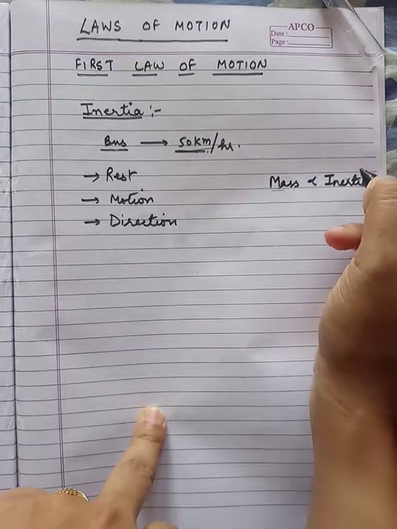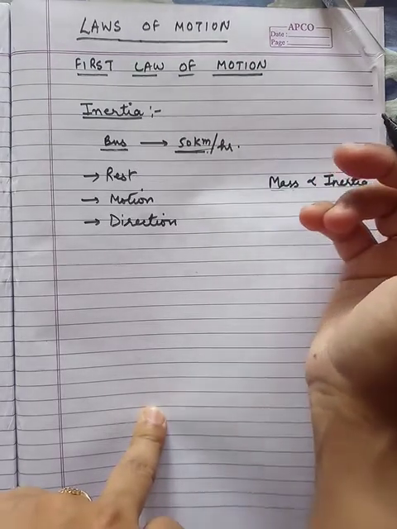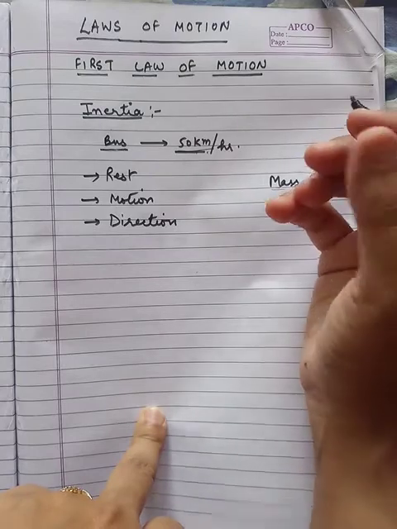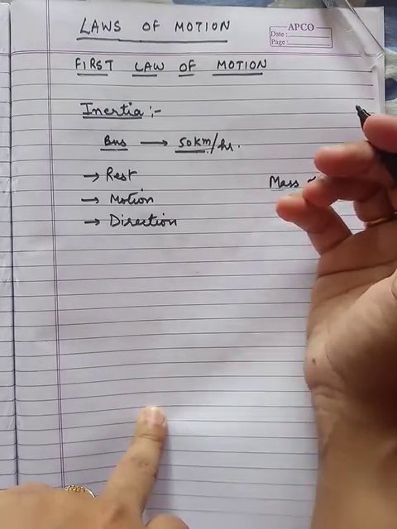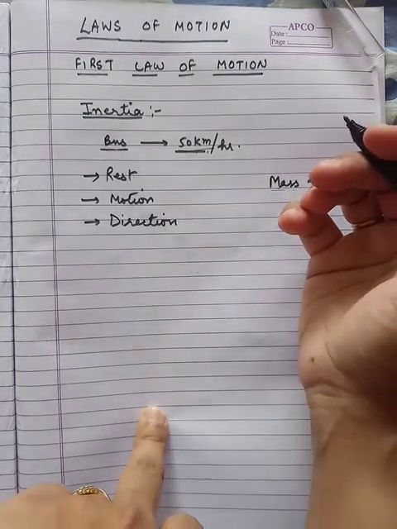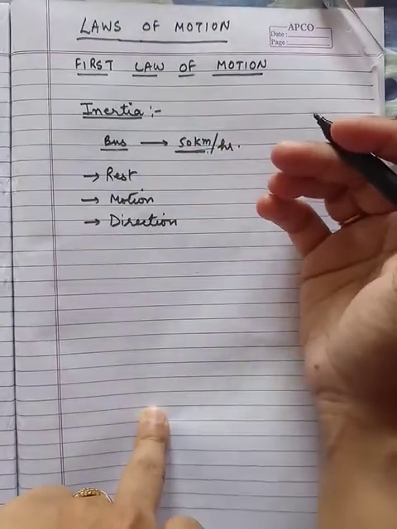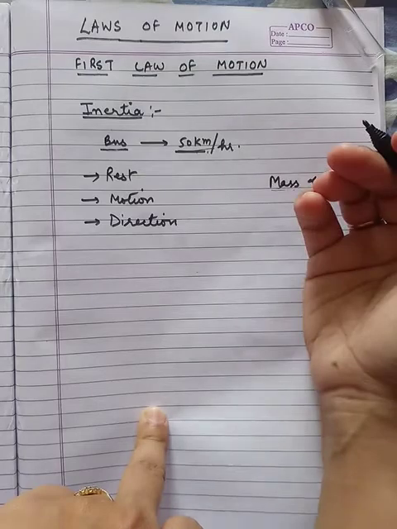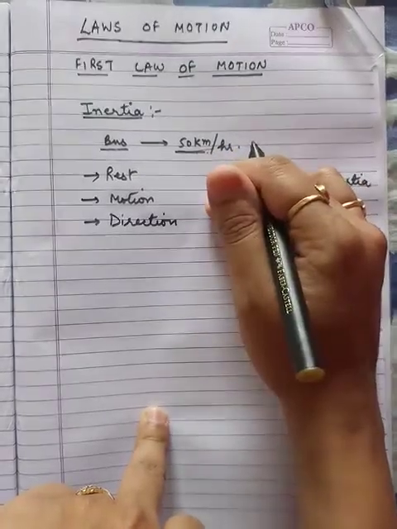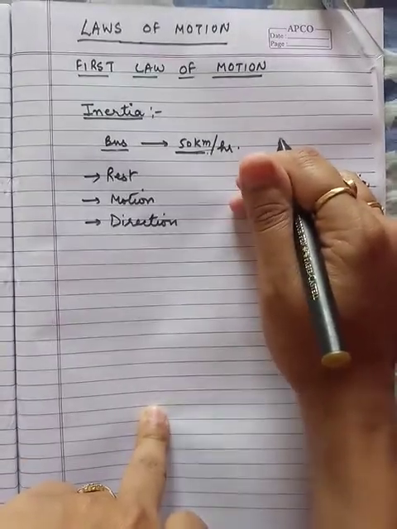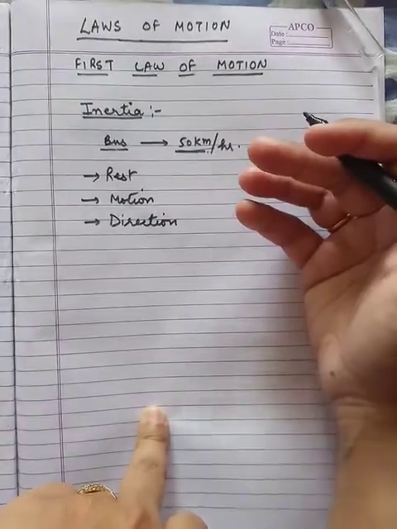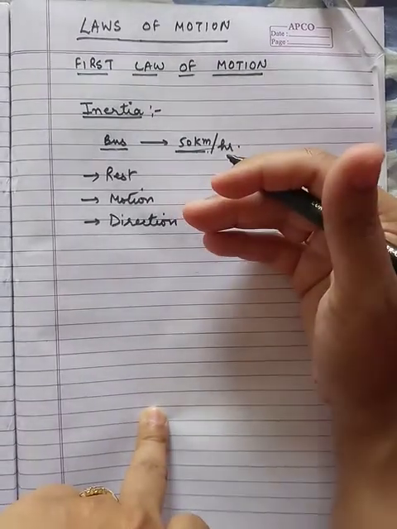For example, if I have a rubber ball and an iron ball, and I apply force on both the balls, which ball will move? The ball which has less mass, that is the rubber ball, will move. Why will the iron ball not move?